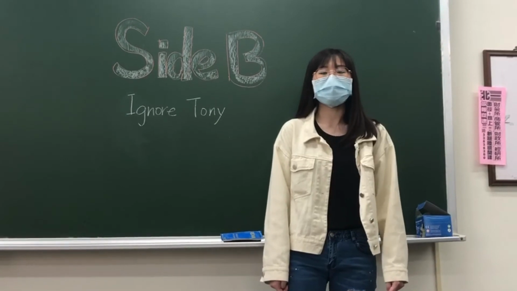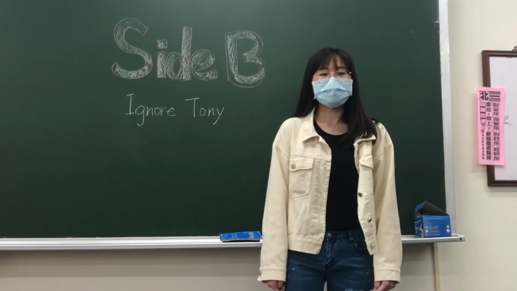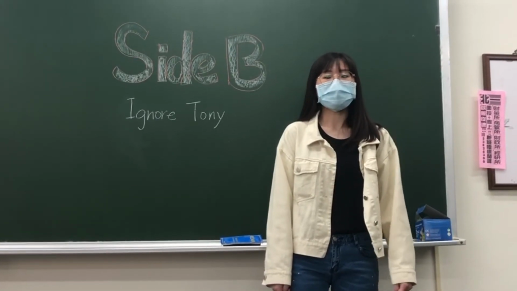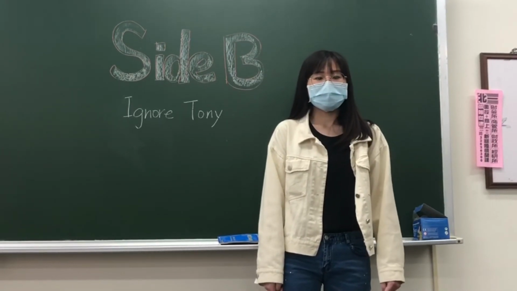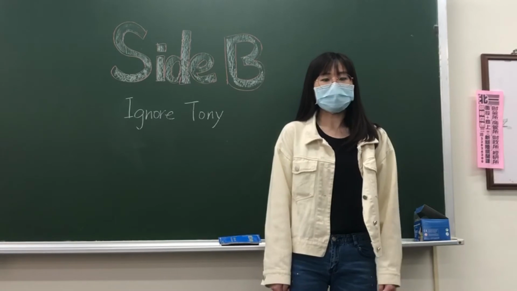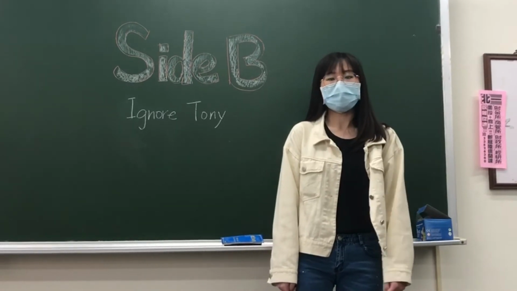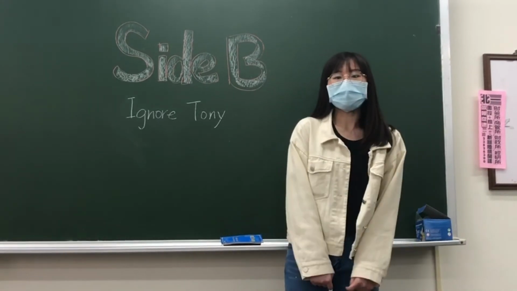And she had mentioned to Tony that his behavior was incorrect. And therefore, I think Miss Lin doesn't need to be responsible for Tony's behaviors. And that's all. Thank you.